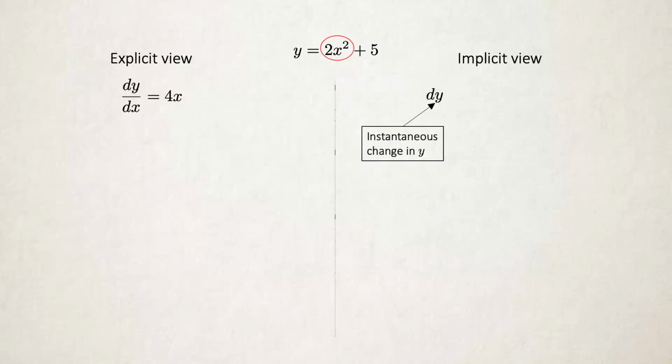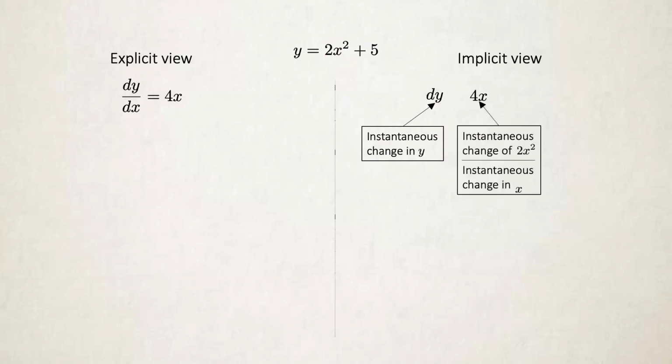In order to get an instantaneous change of this term, we will use the chain rule. First, take the derivative of 2x squared with respect to x, which is 4x. This represents the instantaneous change of 2x squared over the instantaneous change of x.